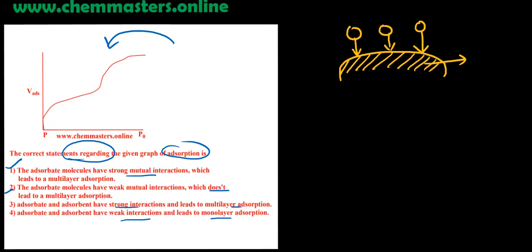The surface on which the molecules of another substance are going to adsorb is called the adsorbent, and the molecules which are going to adsorb on the adsorbent are called the adsorbate.